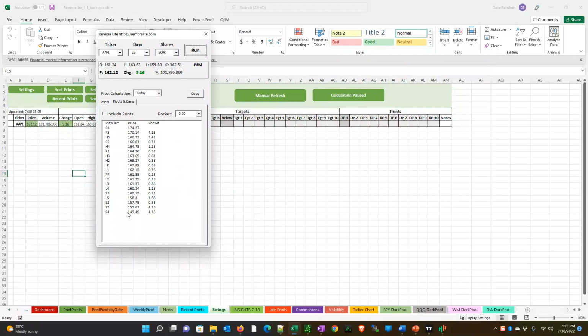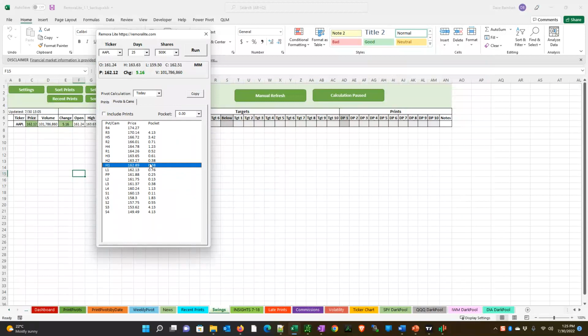It does something else that's great. If we were planning our day trade and we're at 162.12, 162.13 here is a cam. And what this means then is if we break 162.13, we have a 76-cent move to the next cam, which is 162.89.